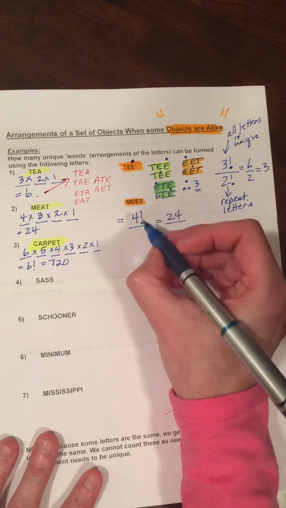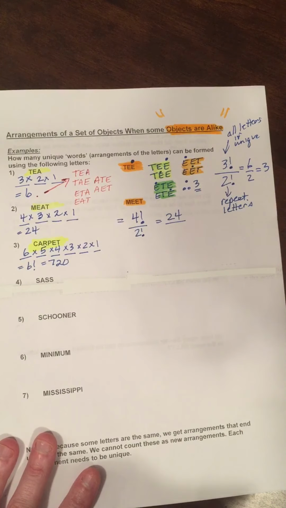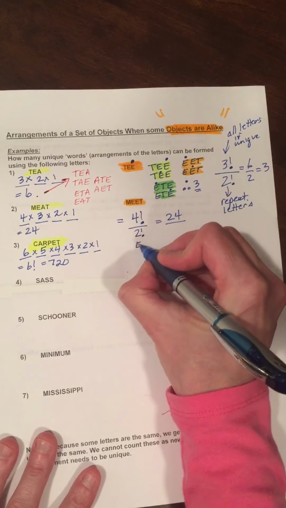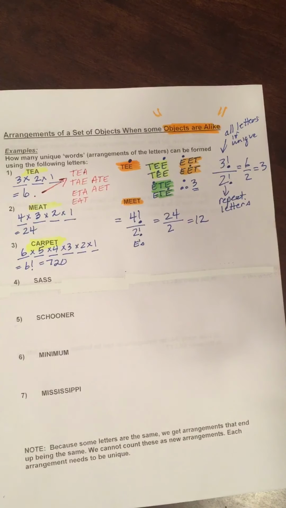However, I've got 2 repeating E's, so I'm going to factor out that part of the repetition. I'm going to pull out those repeat letters, the E's, and that's going to give me 12 different options.